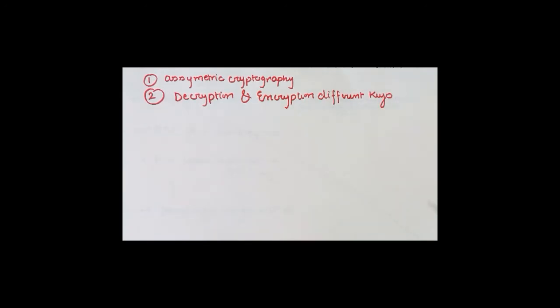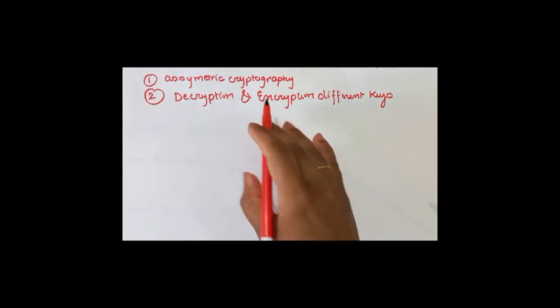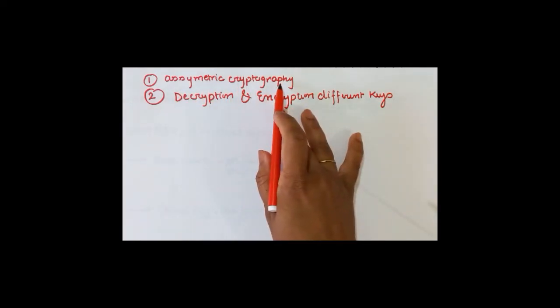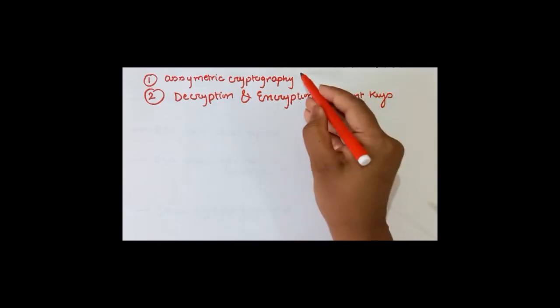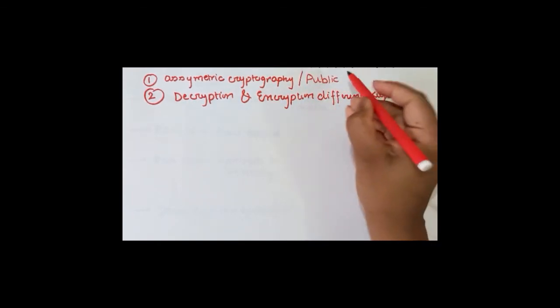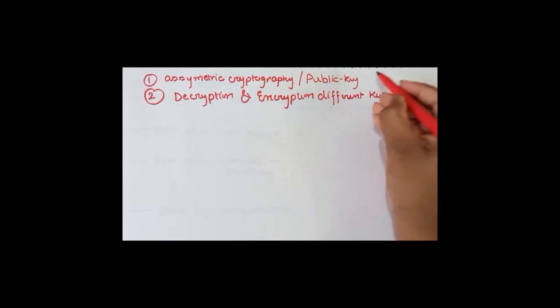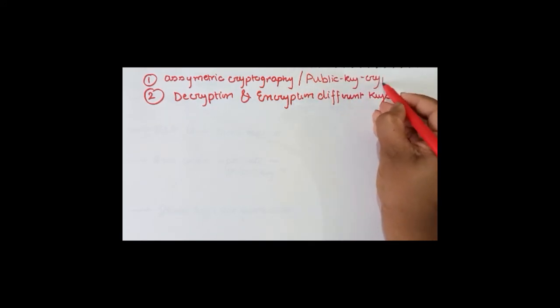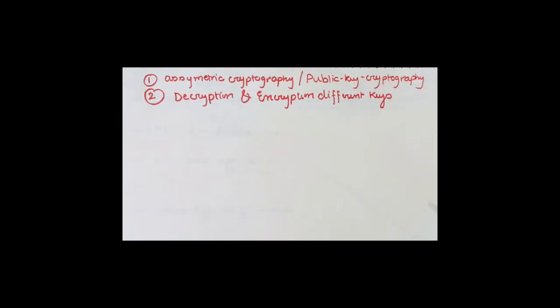As we earlier saw in symmetric cryptography, for both decryption and encryption the same key was used. But for asymmetric cryptography, which is public key cryptography. Like earlier I told you, symmetric cryptography is also known as conventional cryptography.